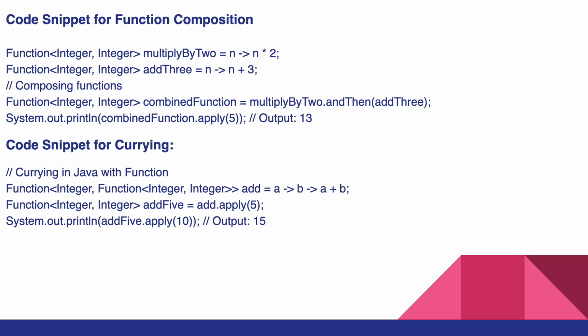For example, we can compose functions using the andThen method or the compose method to create complex behavior out of simple functions. In this example, we first multiply a number by 2 and then add 3, all within a single composed function.